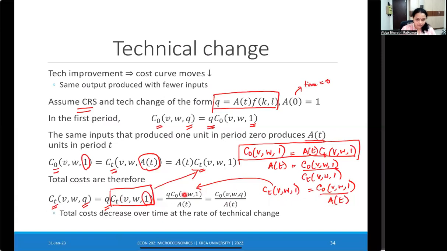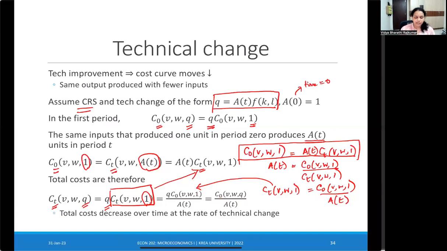So when you make the substitution, you ultimately end up getting the answer that in time period T, to produce Q units of output, the cost is going to be the cost of producing Q units in time 0 divided by A of t.